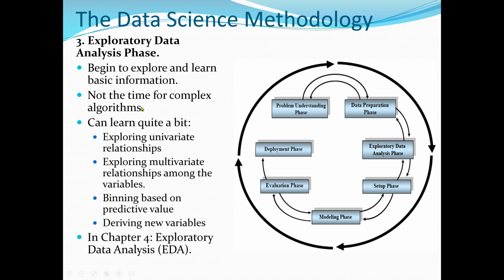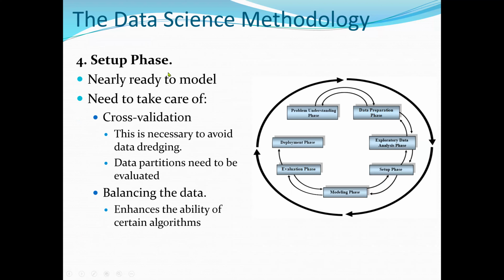Not the time for complex algorithms. So the most basic one, we can do the descriptive statistics, exploring univariate relationships like finding the mean, median, etc. Also, we can explore the multivariate if we want to find the relationship among different variables. Also, we can do binning based on the predictive values. In chapter 4 or unit 4 of our lectures, we are going to cover the exploratory data analysis.